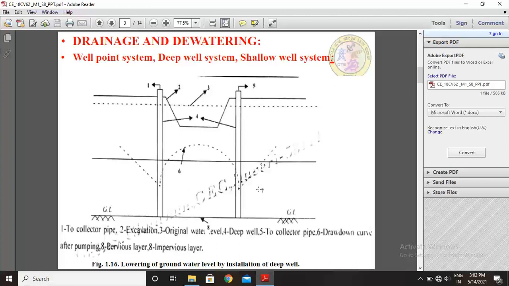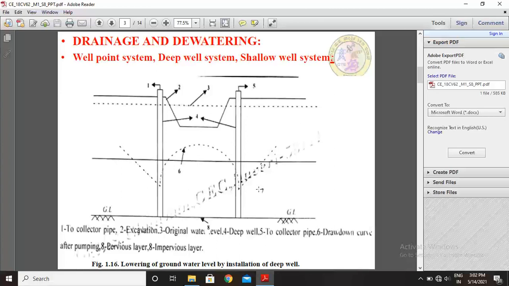Spacing between wells in meters: for well points 1 to 4 meters, for deep wells 5 to 50 meters. Pump: for well points, one pump for a group of well points, located at the top and connected to well points through header pipes. In deep wells, one pump in each well located at the bottom of the wells.